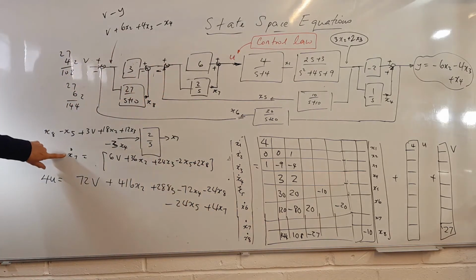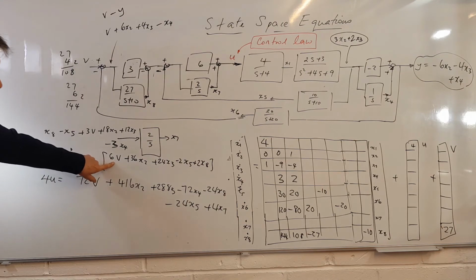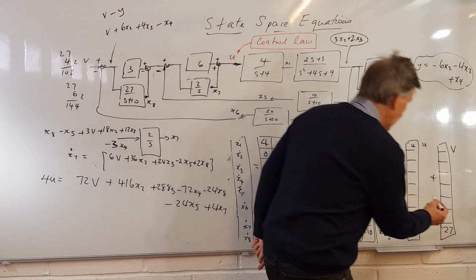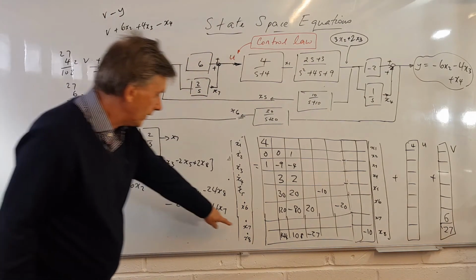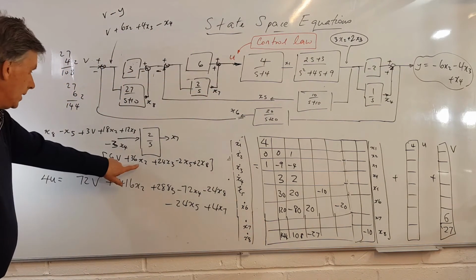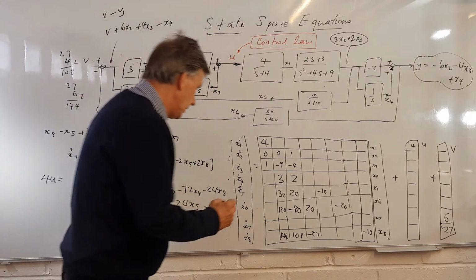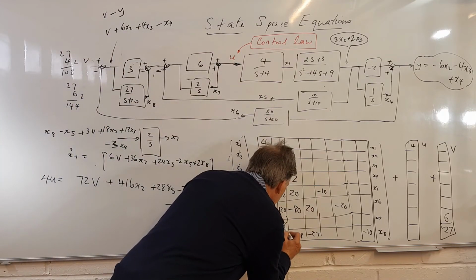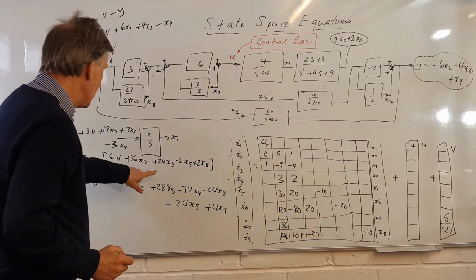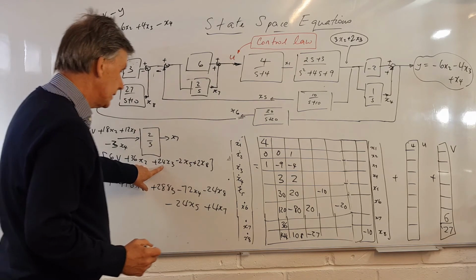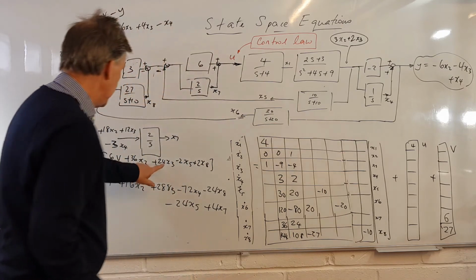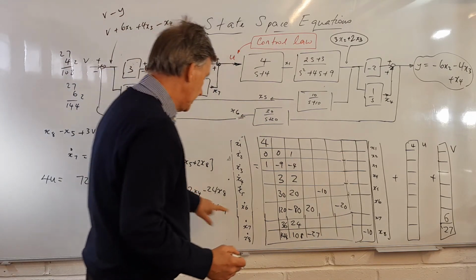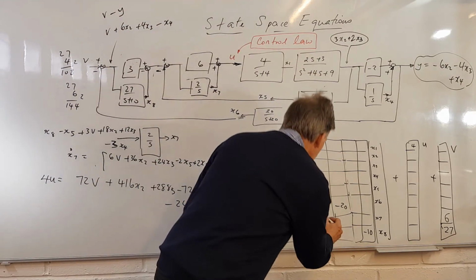So here's our last equation, x7 dot equals 6v. It's going on the 7th line here. 36x2, so I have a 36 in here. A 24x3 will go in there, and minus 2x5. 1, 2, 3, 4, 5.